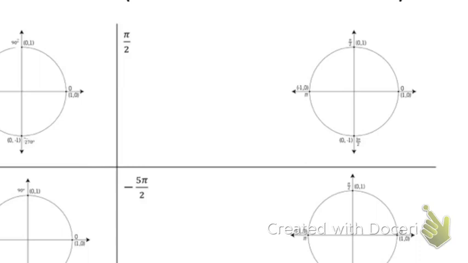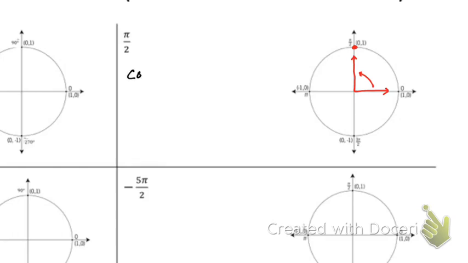Pi over 2, that is equal to 90 degrees, it's just in radians. So in this case, you'd have to put your calculator in radians to come up with these answers. So pi over 2 is still that same exact angle, and we'd still be going up to that same point, which is still 0, 1.